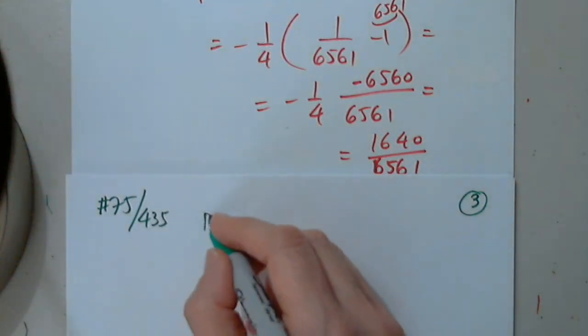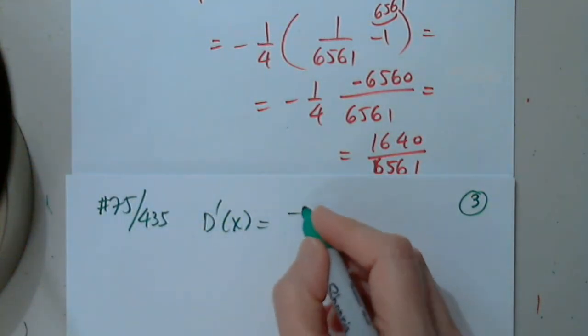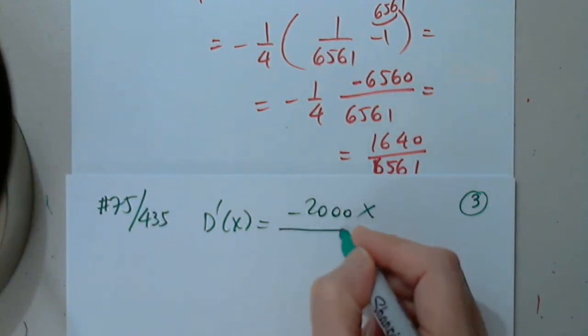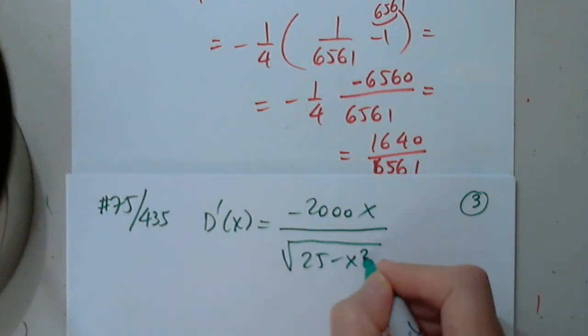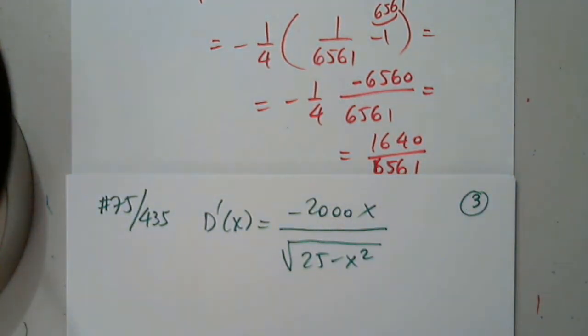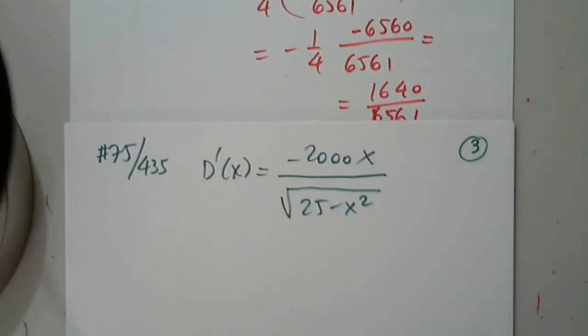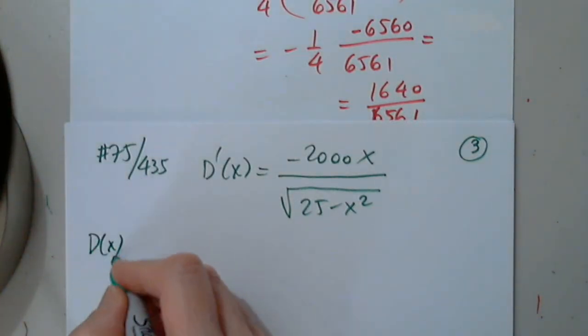Okay, so demand from marginal demand. We are given d prime of x, negative 2000x divided by the square root of 25 minus x squared, where d of x is the number of units sold at x dollars per unit.